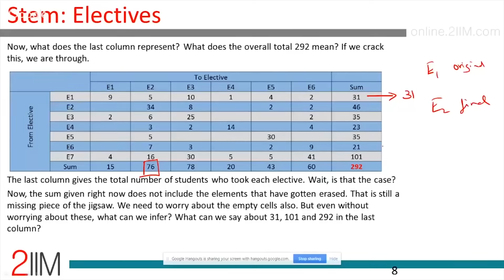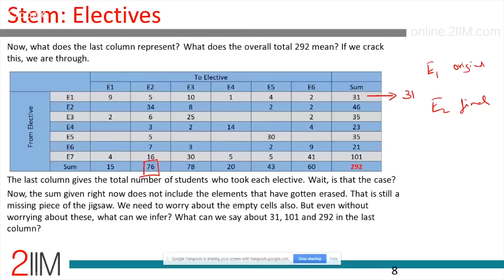I want to start with those, because if you're told that E1 originally had X number of students less than E2 originally or E4 originally, then one of those pieces of the jigsaw I know. The remaining I'll have to crack. And so E1 original or E2 final, that data point is given, we want to attack those two.